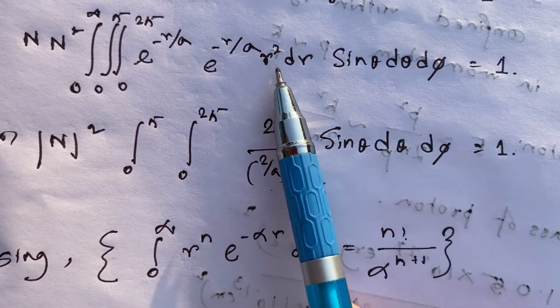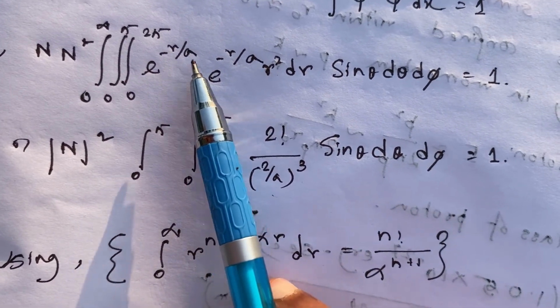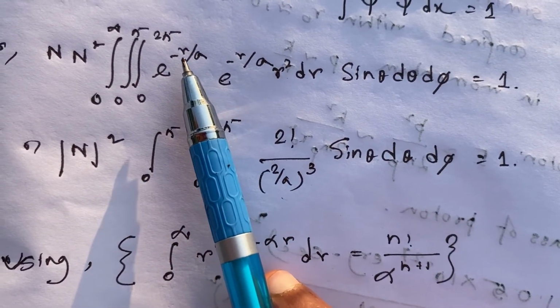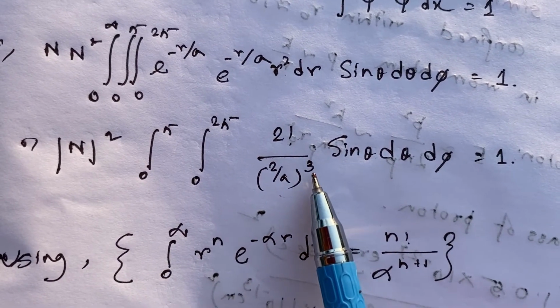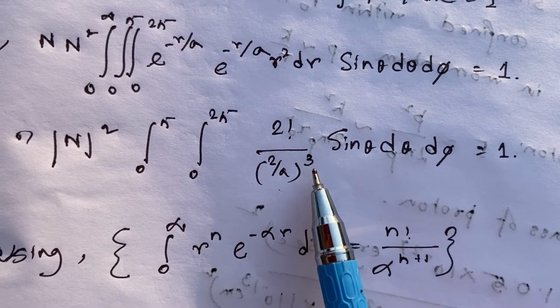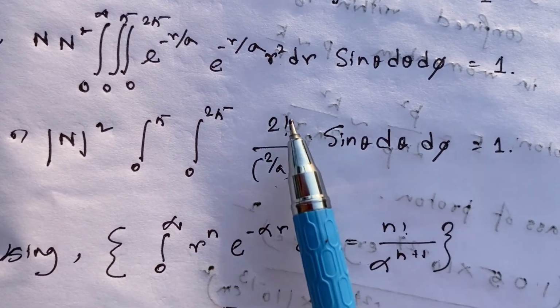N is 2 here. Alpha is just the constant value, which means 2 by a, and this is n plus 1, 2 plus 1 is equal to 3. So using this formula, we have found this.